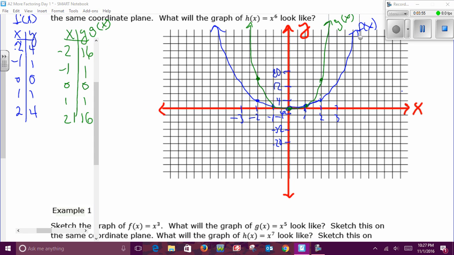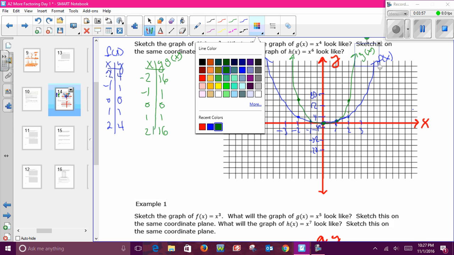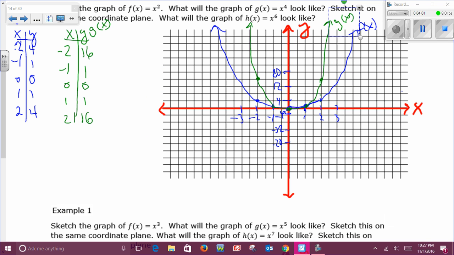And then I'm going to do h of x, and I'm going to change the color yet again. Negative 2, negative 1, 0, 1, and 2. And this time I'm going to do x to the 6, so negative 2 to the 6 is 64. 1, 0, 1, and 64.